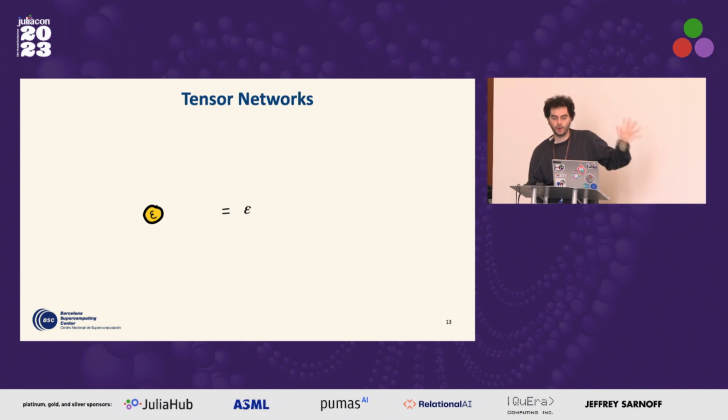This is a great formulation for things like quantum computing or quantum mechanics in general. But it also, like Matt and other people have been talking about, lets you do a lot of other cool stuff. But the problem is that looking for the optimal contraction path is an NP-complete problem, so it's very hard.